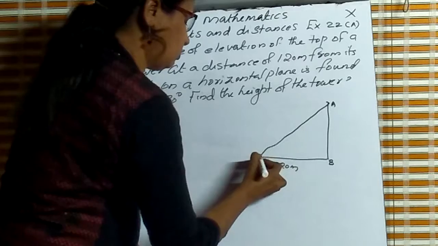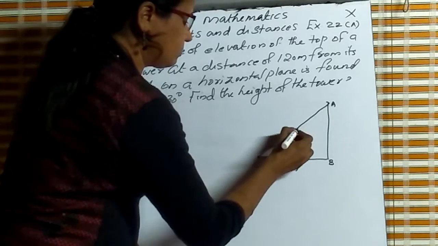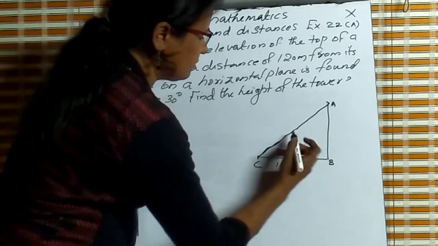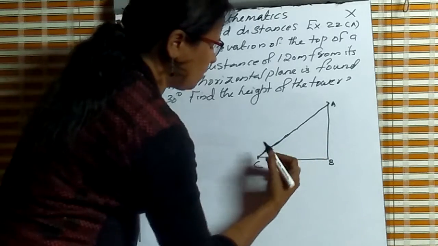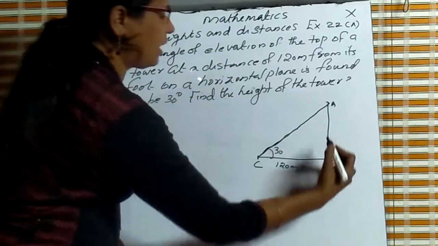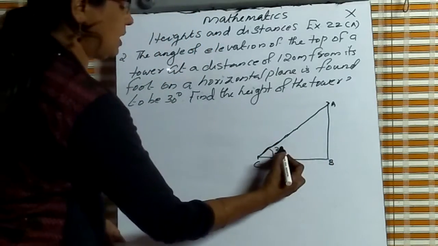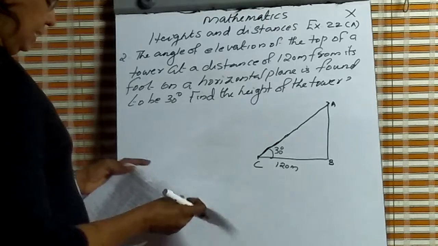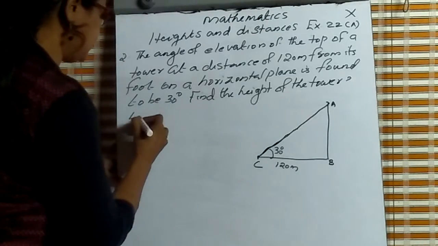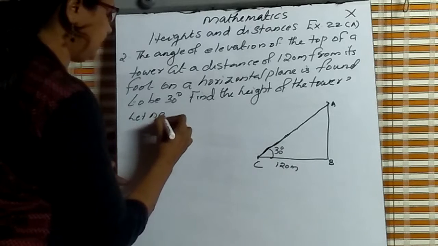This angle is equal to 30 degree. Our question is, find the height of the tower. That means we have to calculate AB.